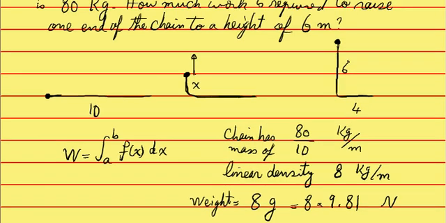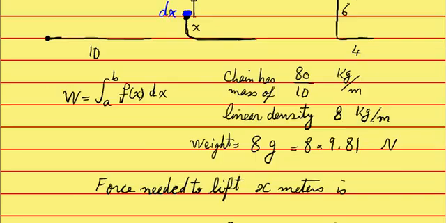Okay, this force is good for a little while. As soon as you lift enough of the chain off the floor, you have to start to apply even more force. So the force we are calculating is good for a short while, let's call it dx. As you lift more, you apply more force.